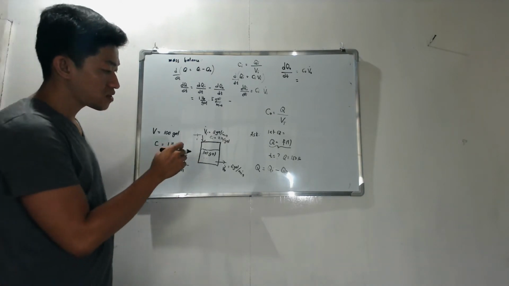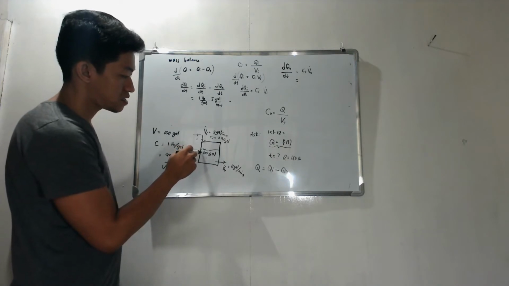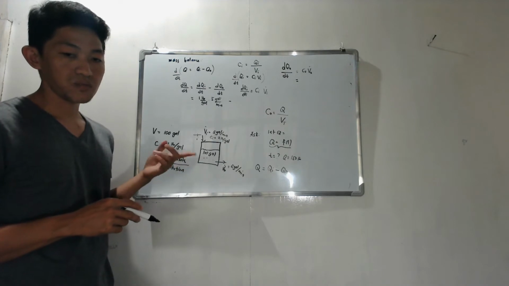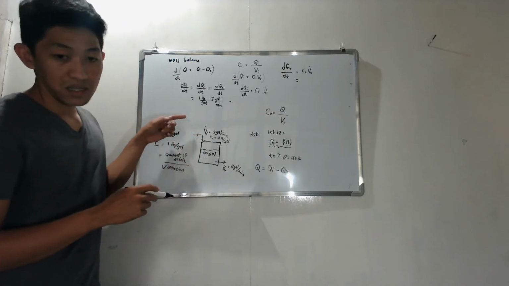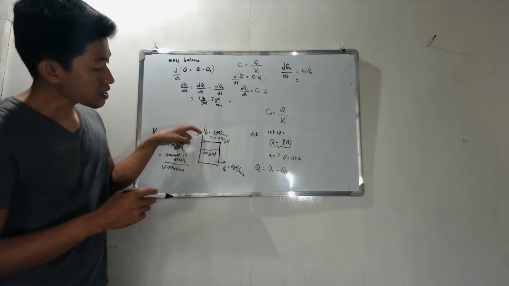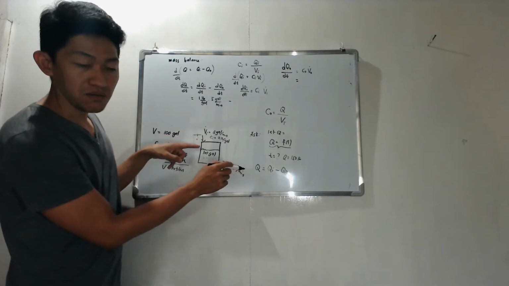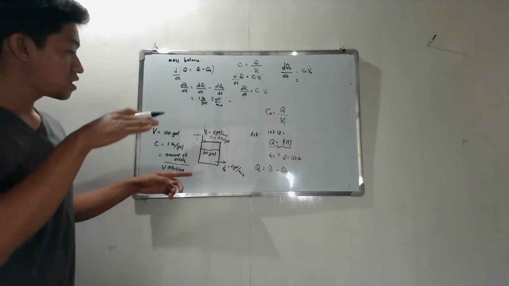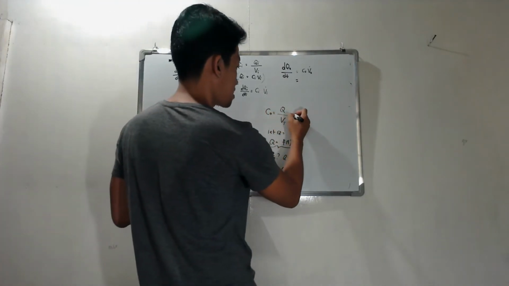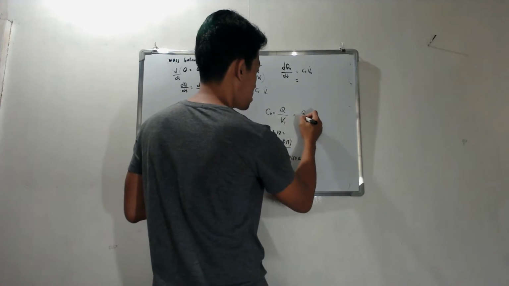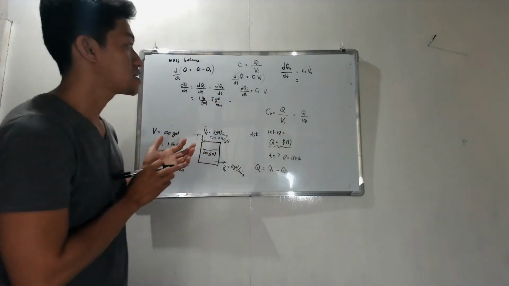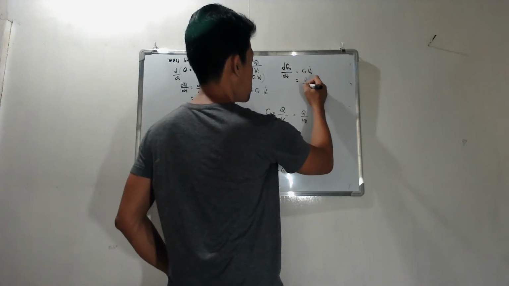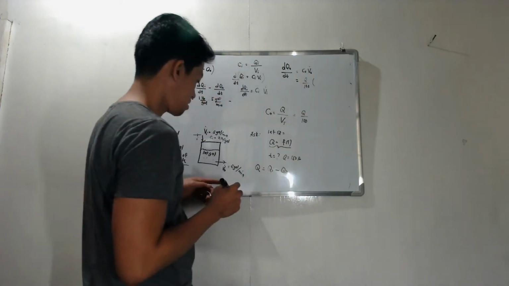The total volume is just 100 gallons. 100 gallons again. Why is that? Because the same flow rate that enters the tank also leaves the tank. Therefore, there's no increase in volume of the solution. This is just Q over 100. Okay? So this becomes Q over 100 times 5.